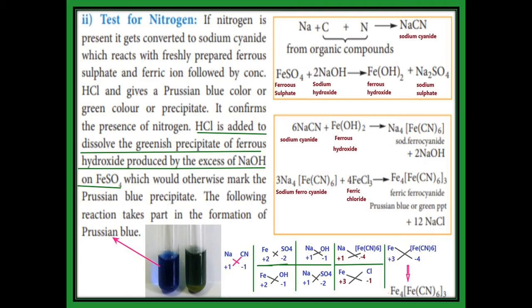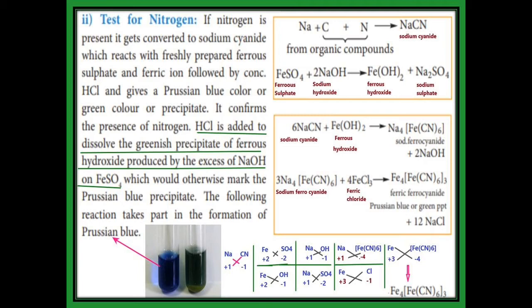Then after the sodium cyanide, we now add the ferrous sulfate. That ferrous sulfate reacted with the sodium hydroxide. How do we get the sodium hydroxide? The sodium metal reacted with the water and produced some sodium hydroxide.